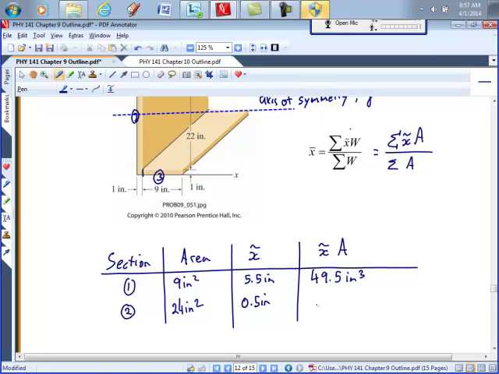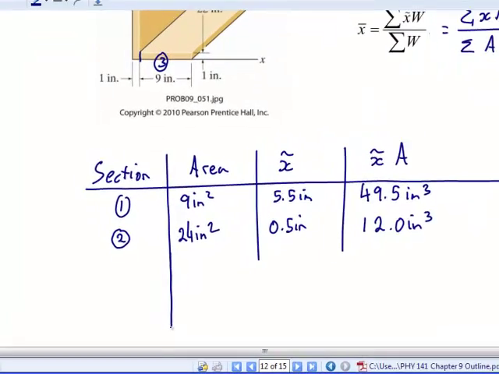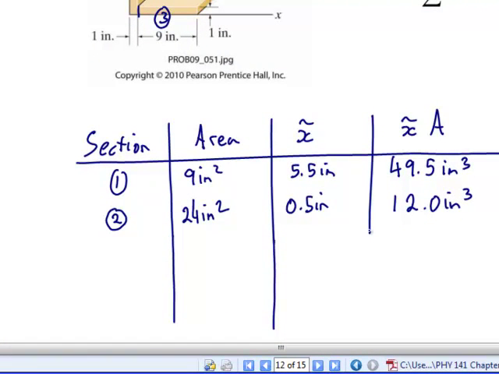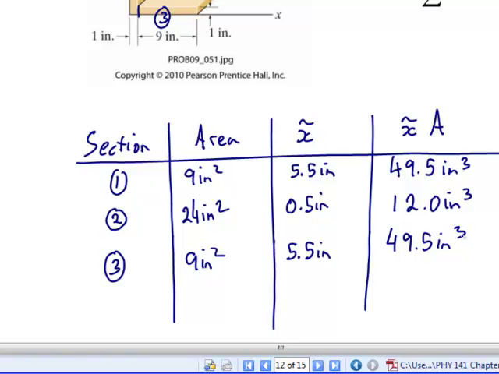So that should be 12 inches cubed. Area 3 is the same as area 1. So it's going to be 9 inches squared, 5.5 inches to the centroid, and 49.5 inches cubed when we multiply them together.